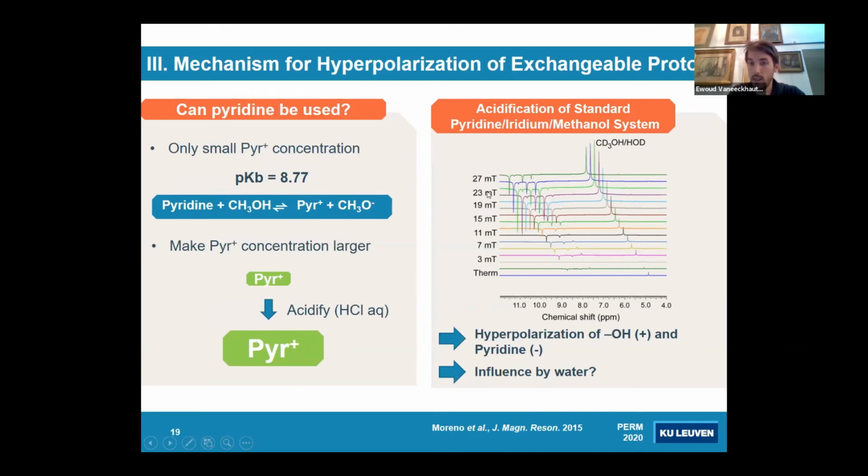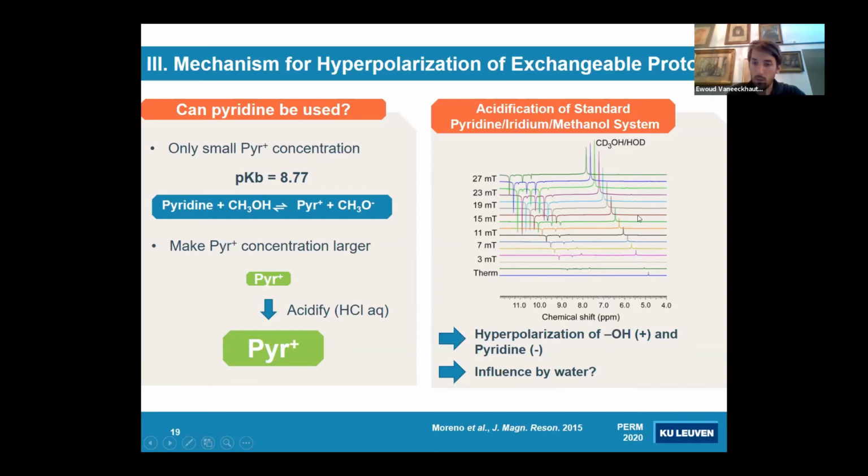And what they indeed saw, with some different extent of Gaussian fields, was a positive hyperpolarization in the case of their HDO CD3OH system. Now, to really counter the effect of water itself, because if you add an acid dissolved in water, water can also interact with iridium. In our case, if we added water, we still saw the same effect.